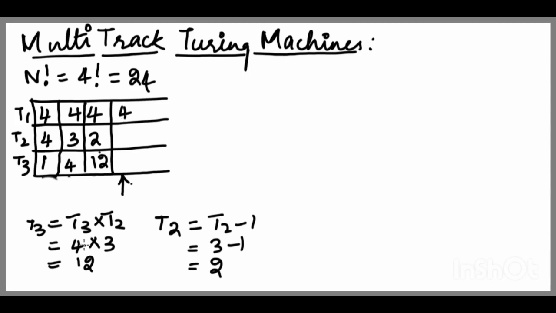Now our next step would be updating the T3 value. That is 12 times 2 gives us 24. And at T2, we update 2 to 1.